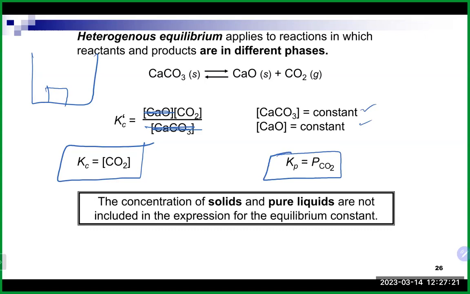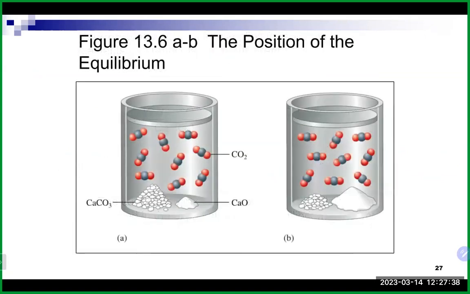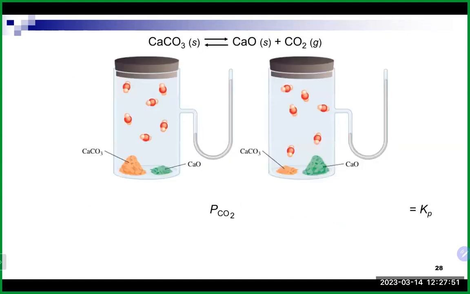So as we talked about earlier, any solids or liquids are not included. That pretty much leaves us our aqueous species and our gases, which should always be included in the equilibrium expression. The solid is just sort of sitting there, if you will. It's not necessarily participating. These guys are actively moving around and participating in this particular equilibrium.